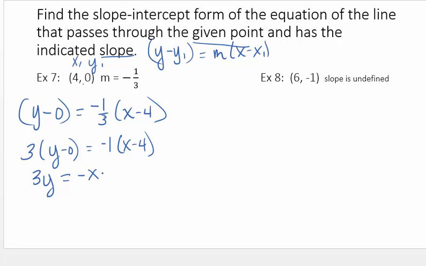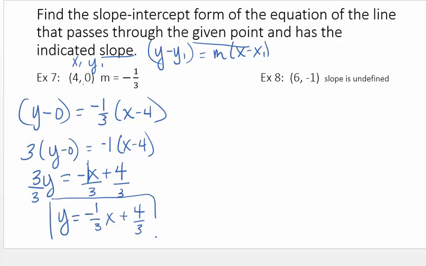So I have negative x plus 4. I need to get y by itself, so I'm going to divide by 3 all the way through the whole thing. So I have y equals negative, now remember there's a 1 in front of that x, so you can say negative 1/3 x plus 4/3. And that is my slope-intercept form of the line.